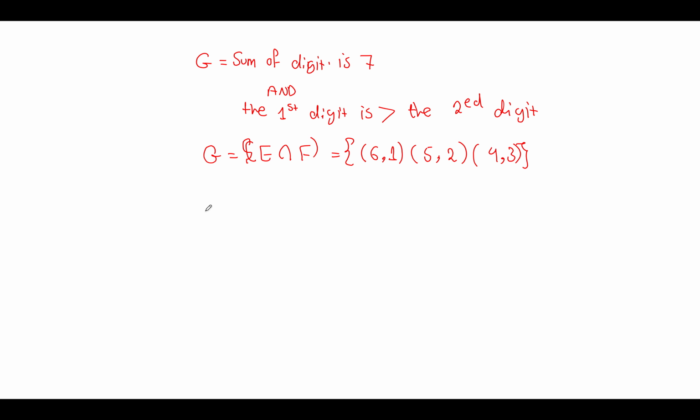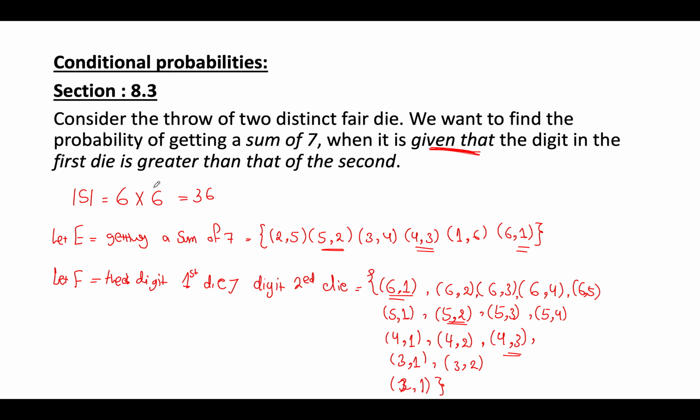Now, let us do it another way. We can see that the number of possible outcomes in G is equal to 3. The number of possible outcomes in F is 1, 2, 3, 4, 5, 6, 7, 8, 9, 10, 11, 12, 13, 14, and 15.